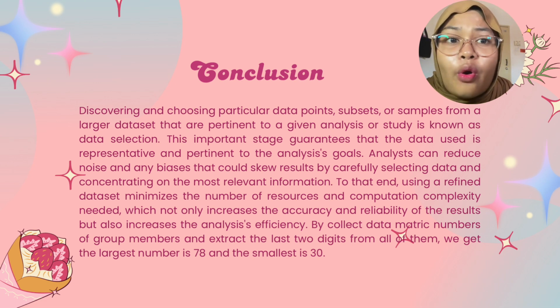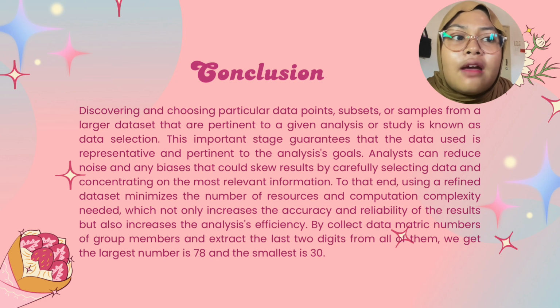Analysis can reduce noise and any bias that could skew results by carefully selecting data and concentrating on the most relevant information. To that end, using a refined data set minimizes the resources and computation complexity needed, which not only increases the accuracy and reliability of the result but also increases the analysis efficiency.